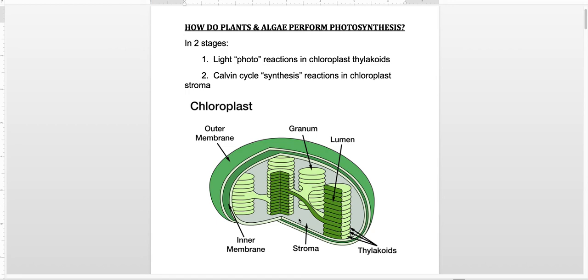So in the next set of screencast lectures in this section, we're going to get into detail first about how plants and algae can use light energy to break water molecules, and then how the pieces of the water molecules are then combined with CO2 to make sugar out here.